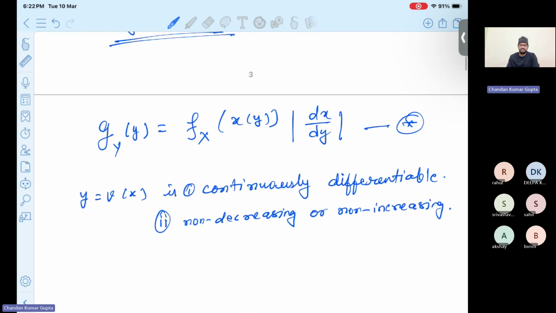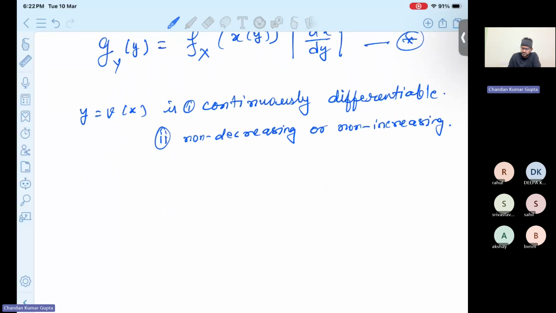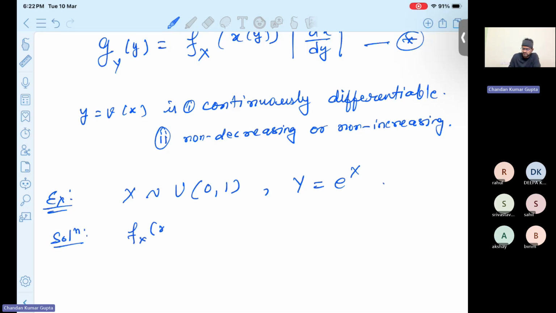We can have one simple example. Suppose x is a random variable which follows the uniform distribution with parameters 0, 1. Let's define a transformed random variable y equal to e to the power x. Now we need to find the distribution of y. Here we are given fx equal to 1.